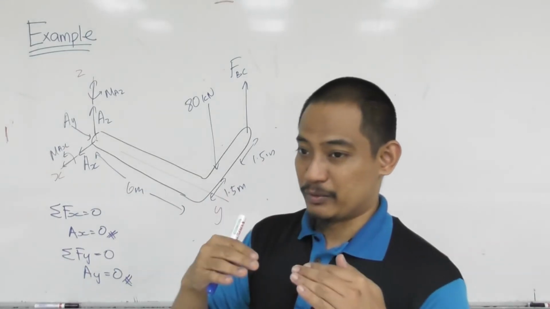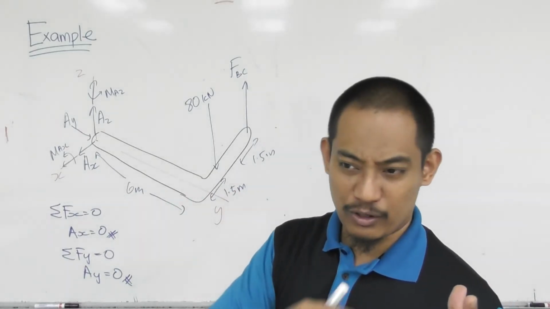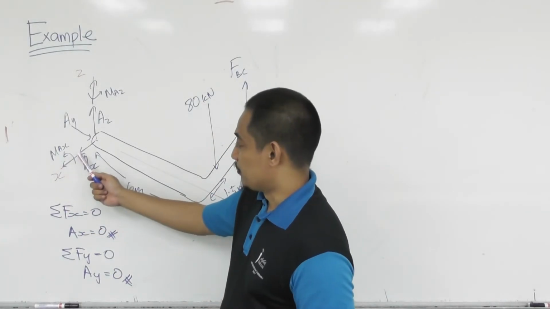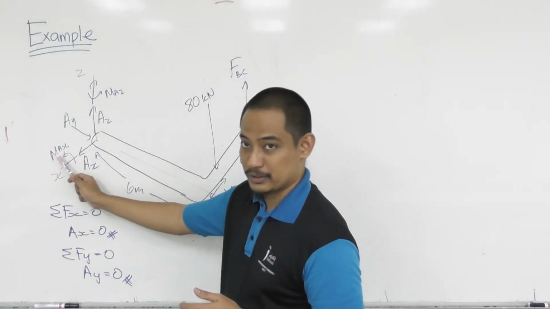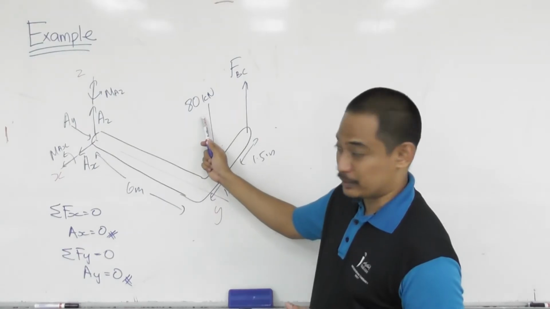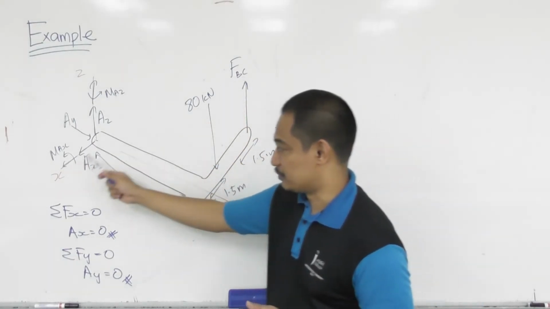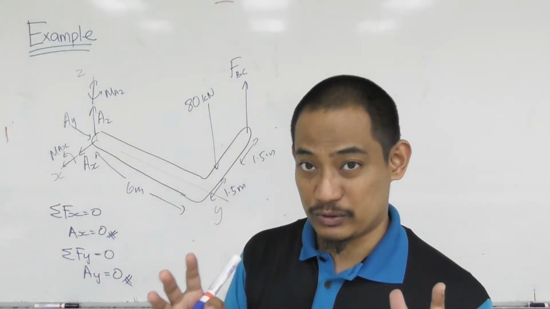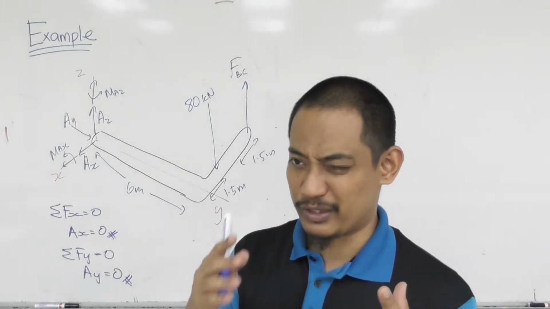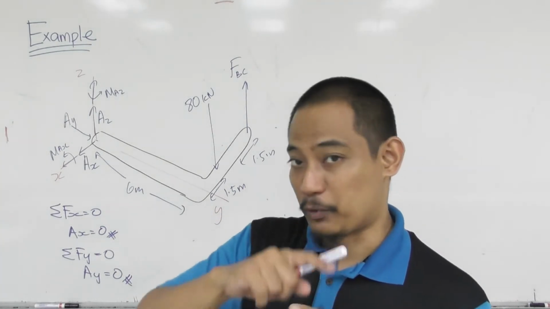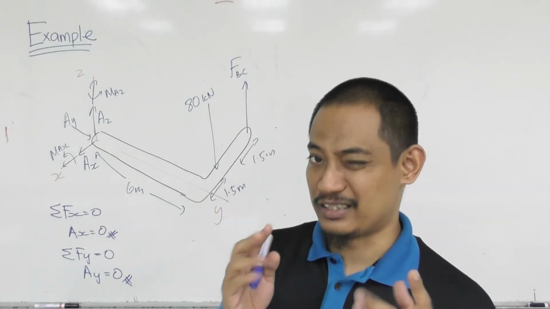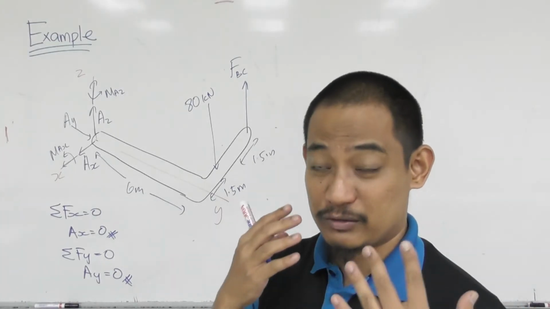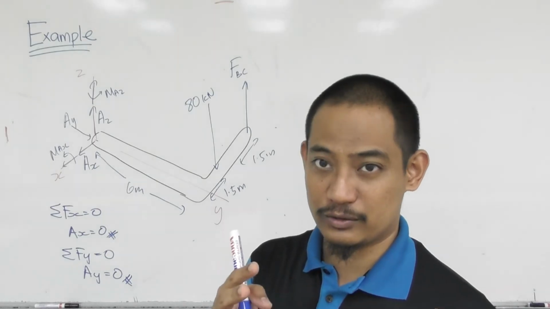For example, if you say moment about x-axis equal to 0, it means that if you add all of the moment about x-axis, it should be 0, including Max. So the moment about x-axis is produced by this moment itself. This force also produces a moment about x-axis. This force also produces a moment about x-axis. Hopefully you are able to distinguish between Mx, which is moment about x-axis, and Max, which is the support reaction about x-axis. That's 2 different things. If my explanation is not clear, please do ask that question also.